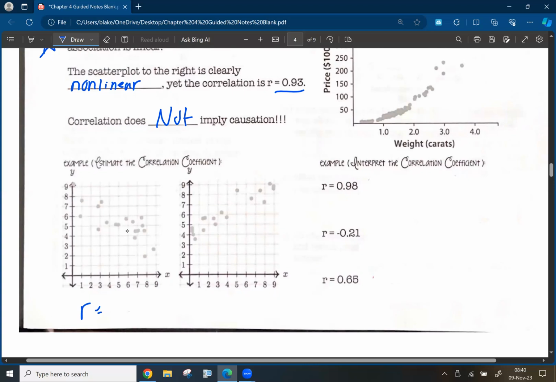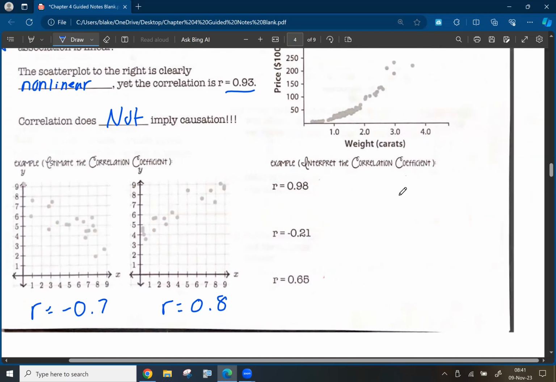We don't know exactly unless we use a calculator and type in all these data points. The one on the right, though, is a little stronger. It's positive, and you can tell it's stronger because the points aren't as spread out. So this one would probably be positive 0.8, because they're a little closer together.